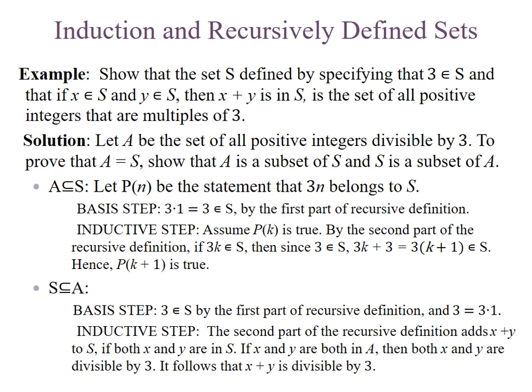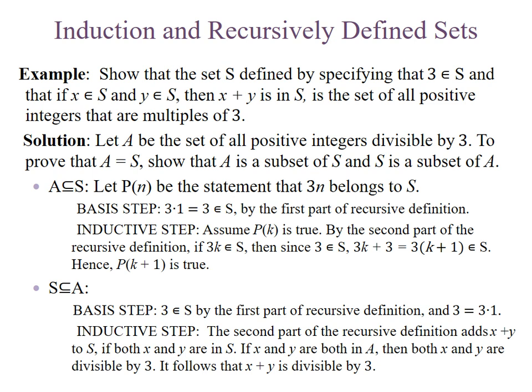Just like I said, if we want to apply direct proof to the original set, it's not easy because you need to generate new elements, and all new elements must be multiples of 3.